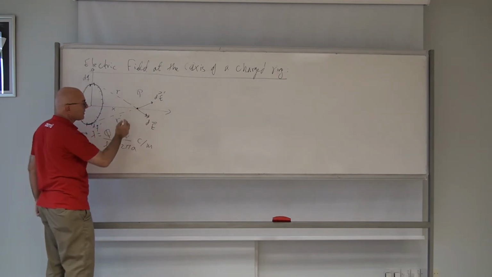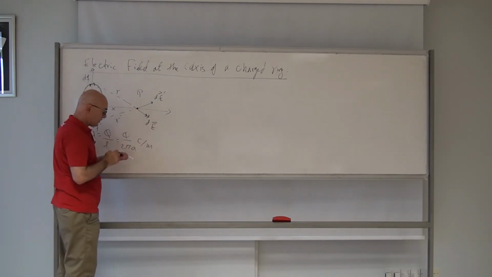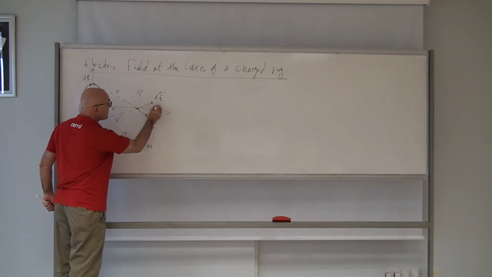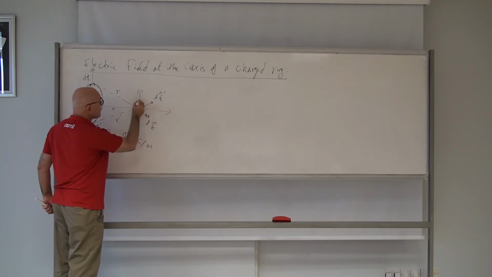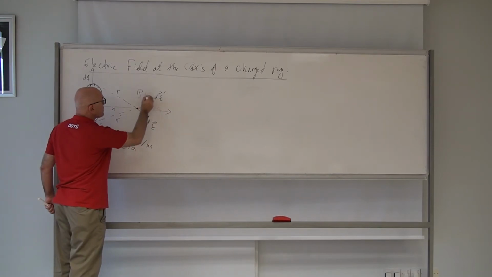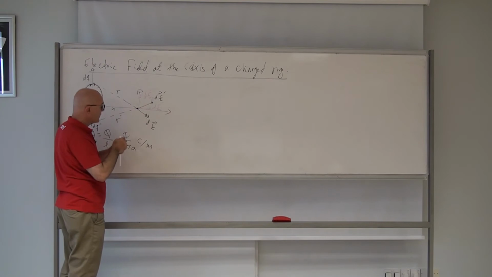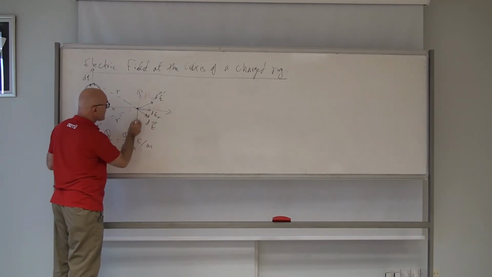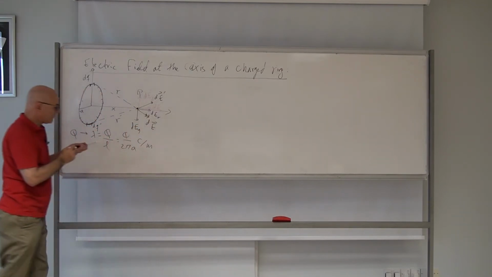Its direction is different. However, what I note now is that if I decompose this dE prime, this is dE prime x, and this is dE prime y, and this is dEx, and this is dEy.